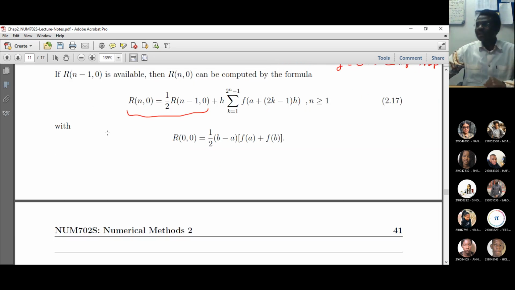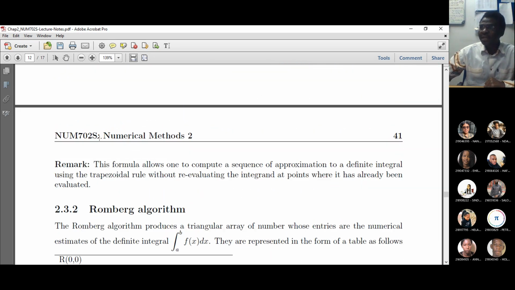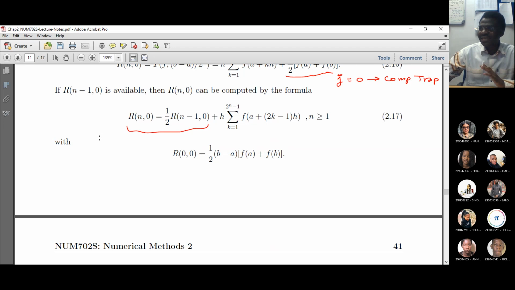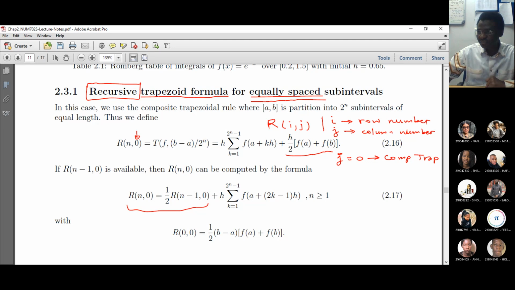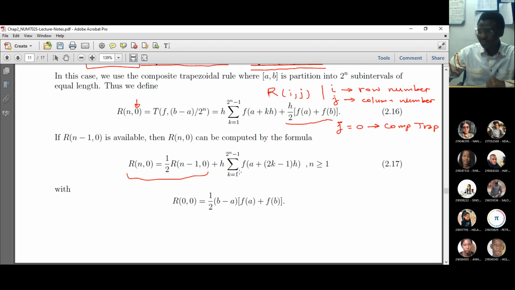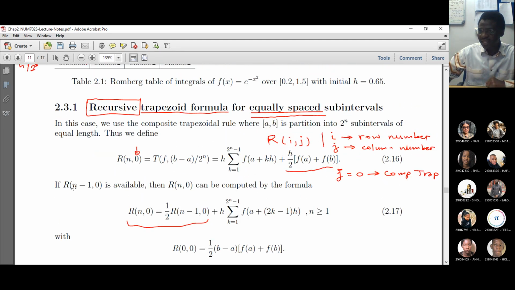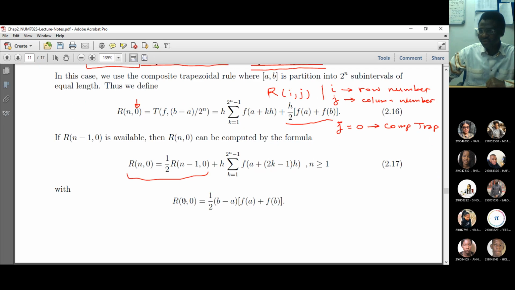All right, so explain again and again. Again, I repeat. This h is changing all the time. Recursively, we start with n equal to 0, then n equal to 1, n equal to 2.